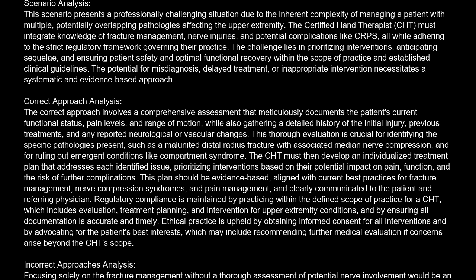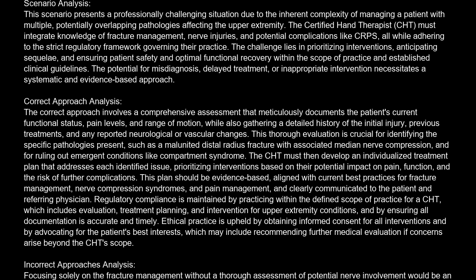The challenge lies in prioritizing interventions, anticipating sequelae, and ensuring patient safety and optimal functional recovery within the scope of practice and established clinical guidelines. The potential for misdiagnosis, delayed treatment, or inappropriate intervention necessitates a systematic and evidence-based approach.